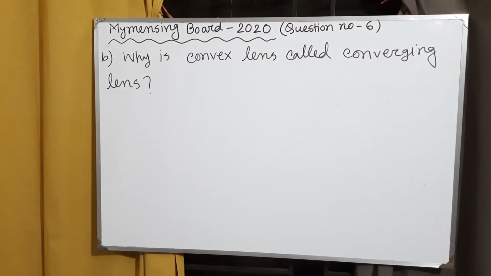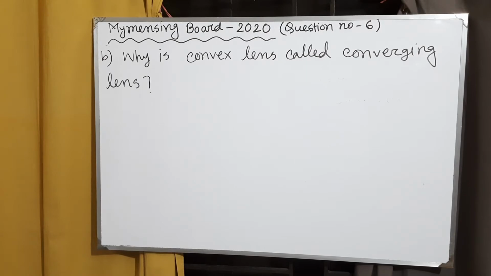Question number B is: why is convex lens called converging lens? We know that the convex lens is a converging lens, but why?